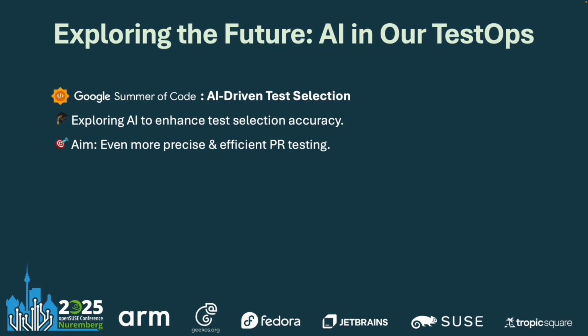By teaching a model using past data and other information that we will be exploring, the AI could potentially find with even greater accuracy which specific tests are most important to run for any given pull request. This would make our feedback loops even faster and more efficient.